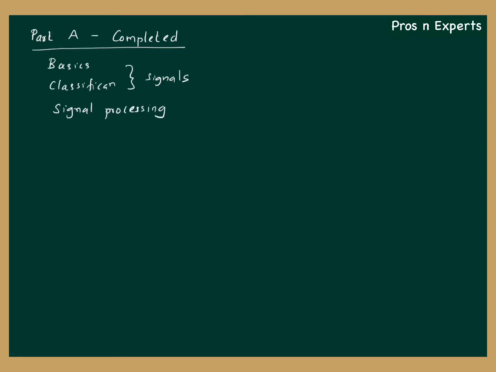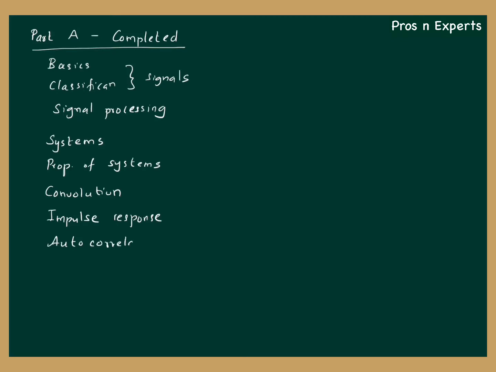Then we did problems on system basics, properties of systems, convolution, impulse response, stability, especially stability and causality from impulse response, and a few questions on autocorrelation. So these are the topics we have completed, and now we are stepping on to Part B questions.